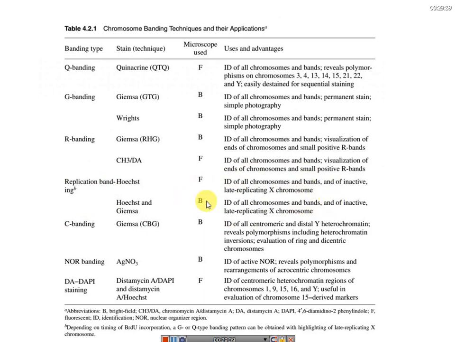Likewise, NOR banding, in addition to NOR regions, reveals polymorphism and rearrangement in acrocentric chromosomes. You know that there are different kinds of chromosomes: metacentric, submetacentric, acrocentric, and others. So all these techniques have their uses and advantages.